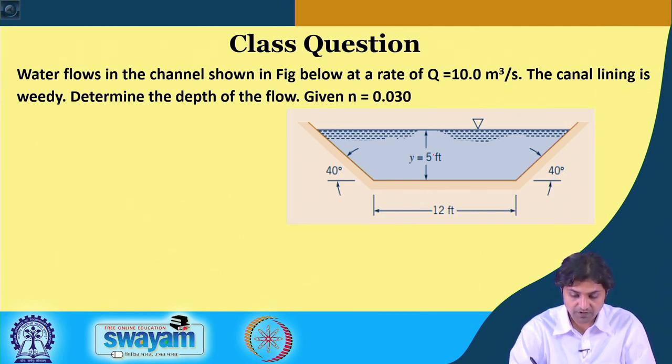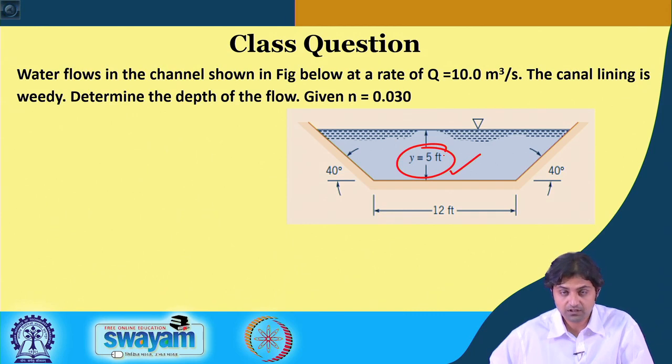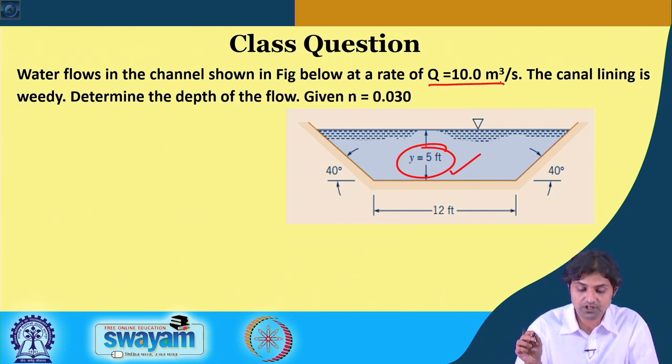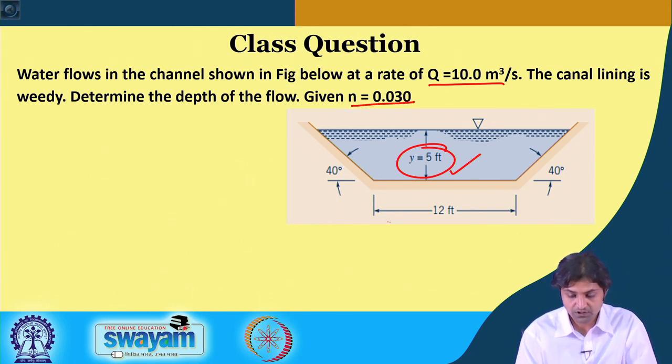Actually we have to find this y. With these values, Q equal to 10 cubic meters per second and n equal to 0.030, and this length given as 12 feet, we have to calculate the y.